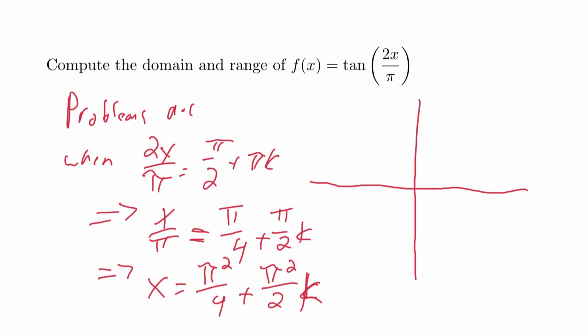That's about 10. So these are where my asymptotes live.